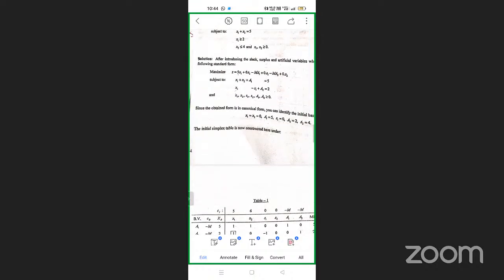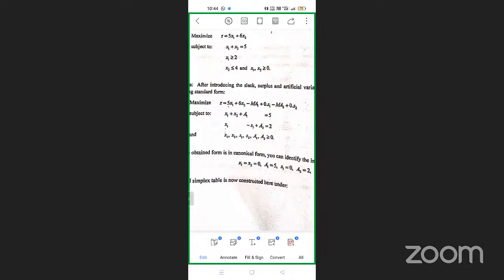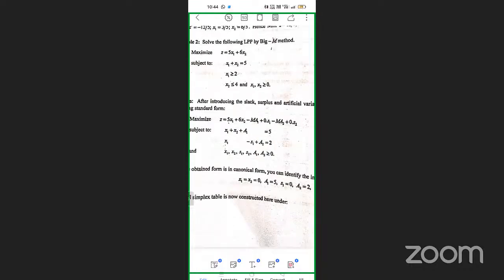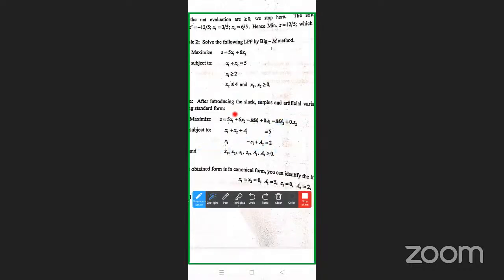Here we add a slack variable, so x2 plus s2 equals 4. This is the third equation. Write down x2 plus s2 equals 4 in the standard form.